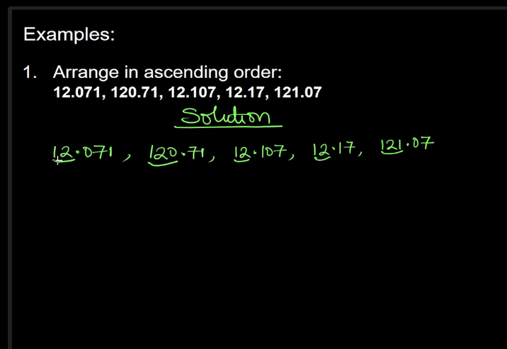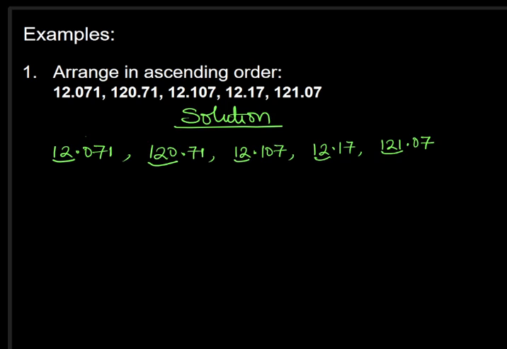Like this one that has 12 and this one has 120, no matter what happens in the fractional part, the one carrying 12 is smaller than the one carrying 120. So the whole number part is enough to determine which decimal number is smaller and which one is bigger. I believe you understand what I just said.